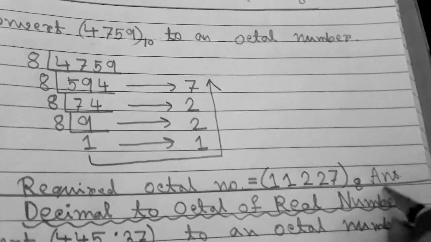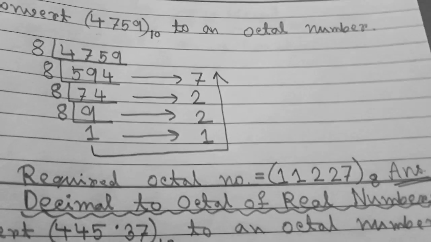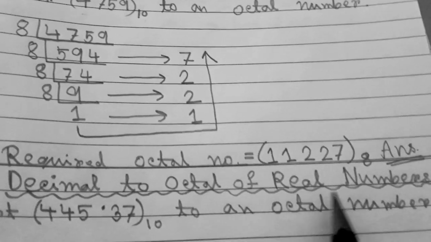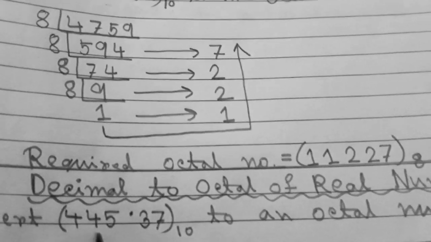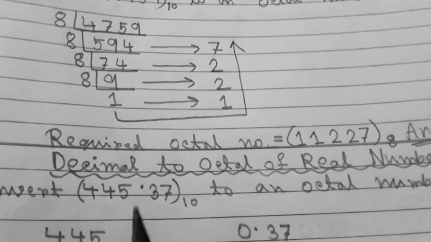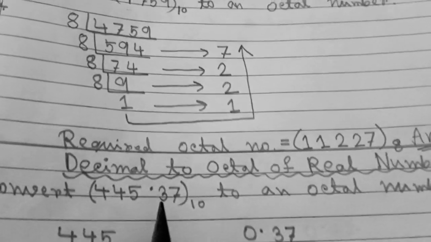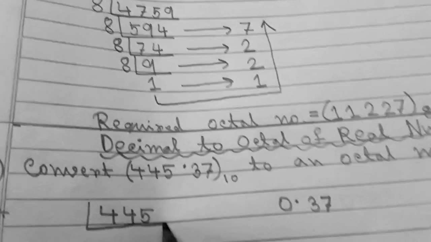This is our answer. Now I want to show you some decimal to octal conversion of real numbers. Real numbers mean there is a fraction. So 445.37 we have to convert to octal. So you already know how to convert this integral part 445.